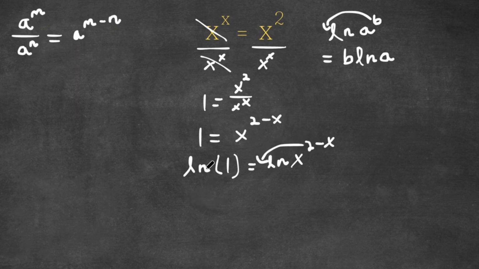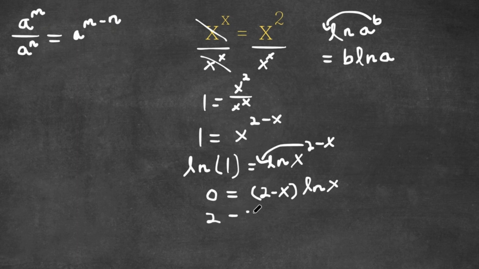So now we have, well, first off, ln of 1 is 0. So we have 0 is equal to 2 minus x times ln x. Now this gives us two equations.